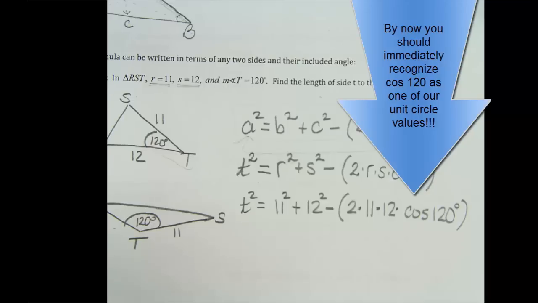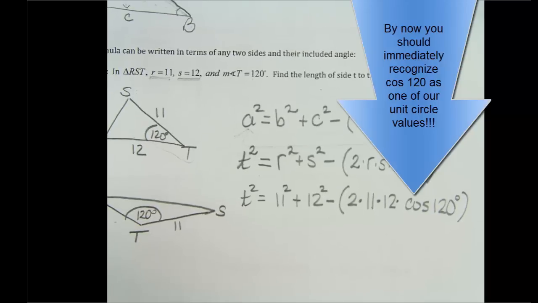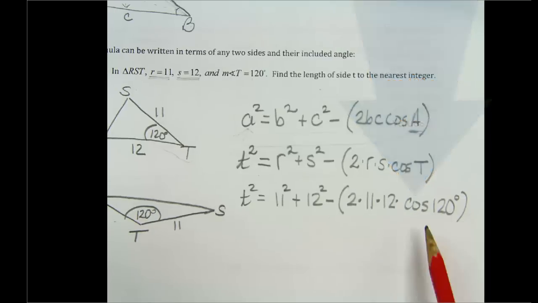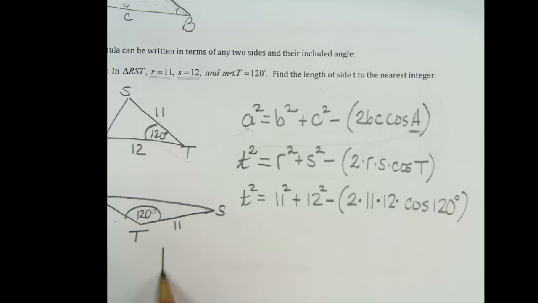Now, please keep in mind that when we know values from our unit circle, these kinds of problems can show up on the non-calculator part of your exams. Cosine 120 is a child of 60, and cosine 60 is 1/2. So in quadrant 2, you see we still need to know all this unit circle trig stuff.